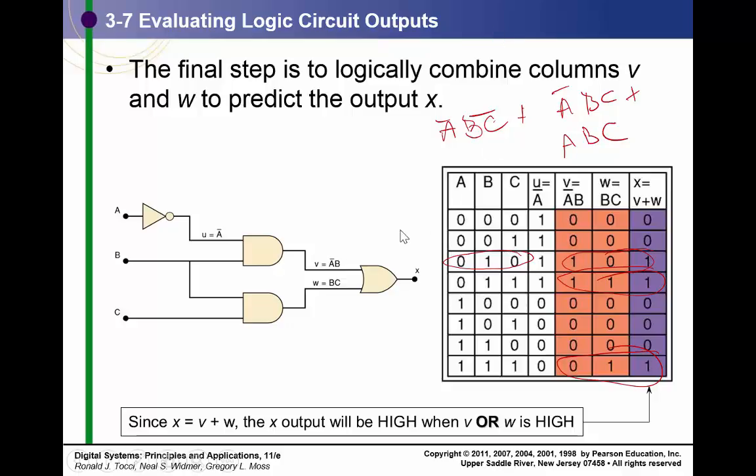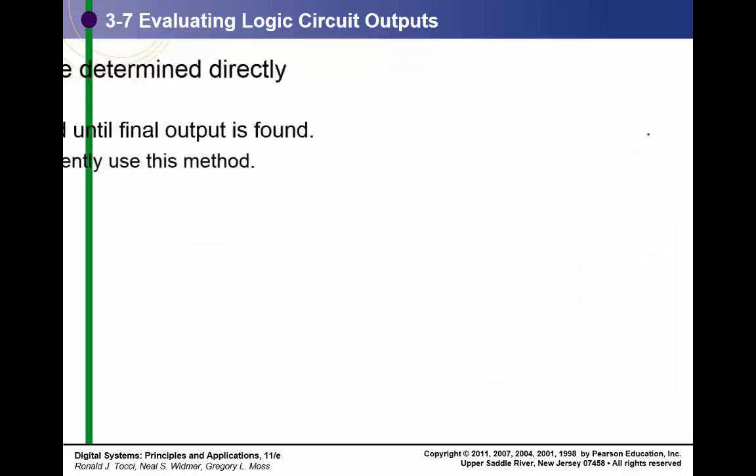We'll see that later on when we look at Karnaugh maps, or even applying Boolean algebra. I can see that I can simplify this a little bit. I may end up with the same circuit though if I simplify that, because I can combine these two, and we'll look at that later.